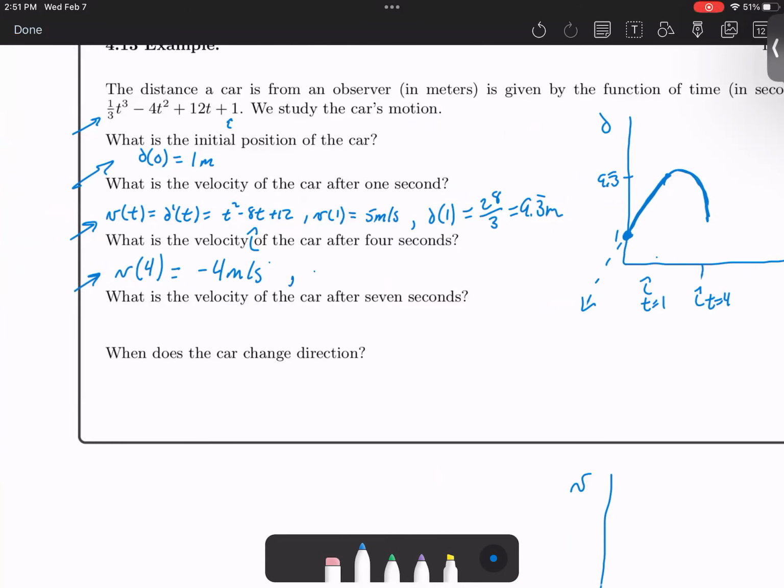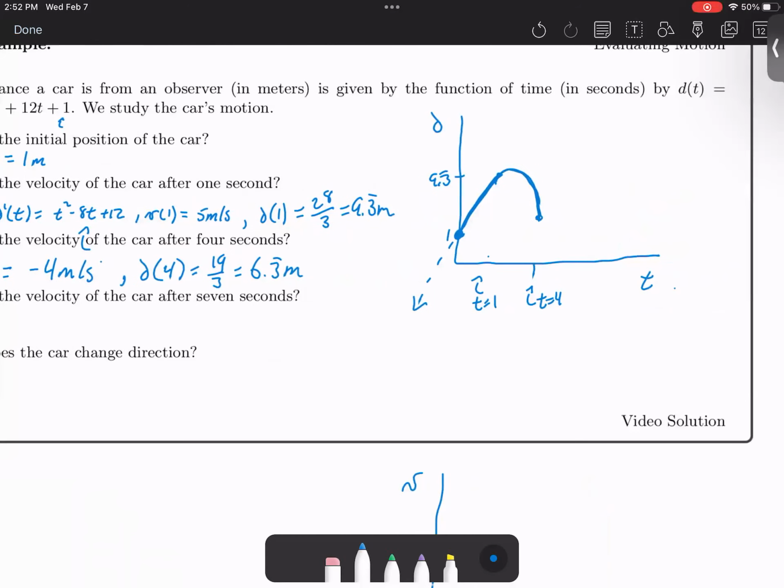If we evaluate the distance function at 4, just for completeness, though the problem doesn't ask us to, we find that we are 19 thirds of a meter away, or 6.3 repeating meters. So right here, we're at 6.3 meters.